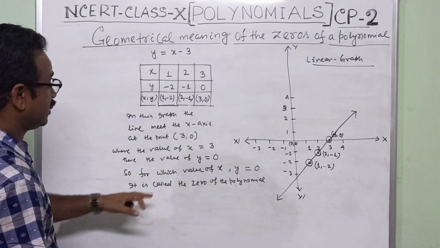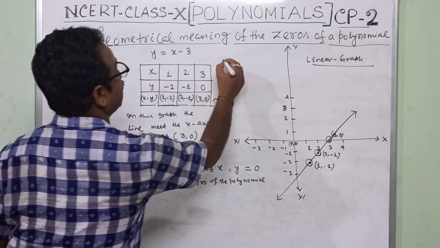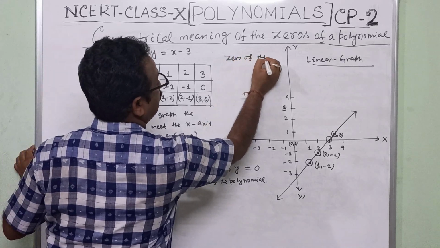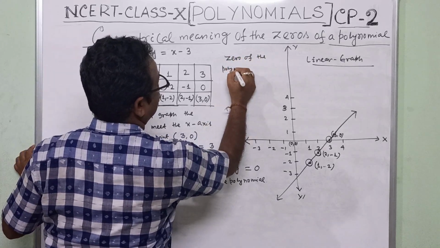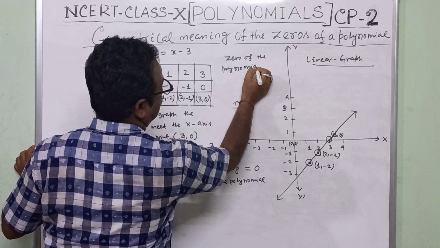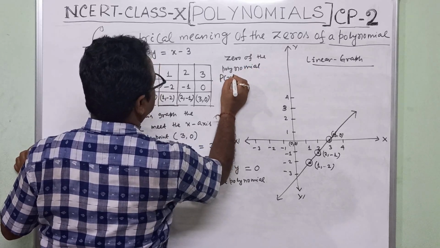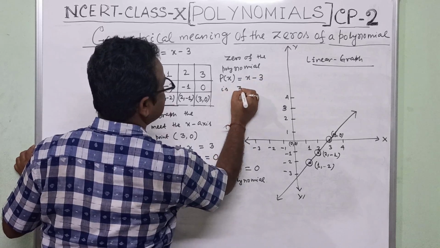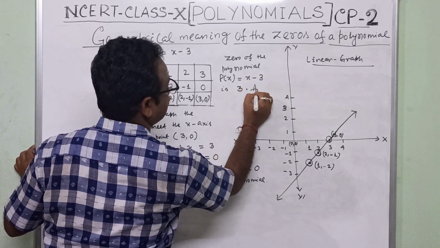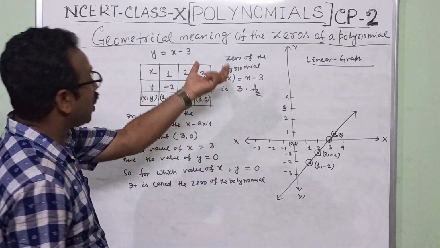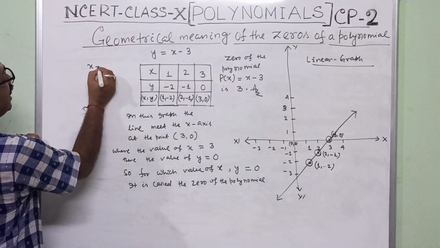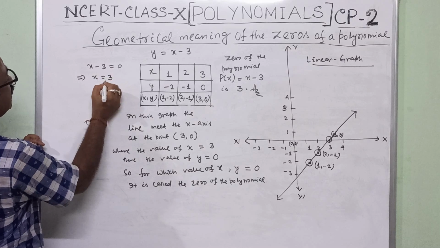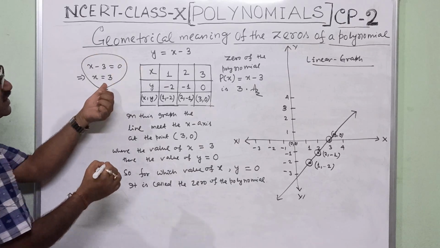Here our zero is the zero of the polynomial p(x) = x minus 3, which is 3. Otherwise what we are doing? x minus 3 is equal to 0, that implies x is equal to 3. There we are doing like this.